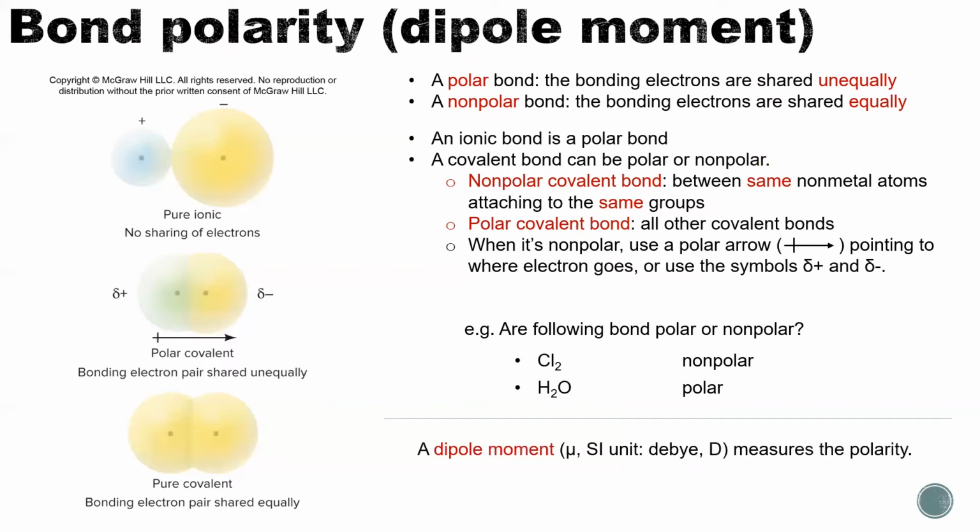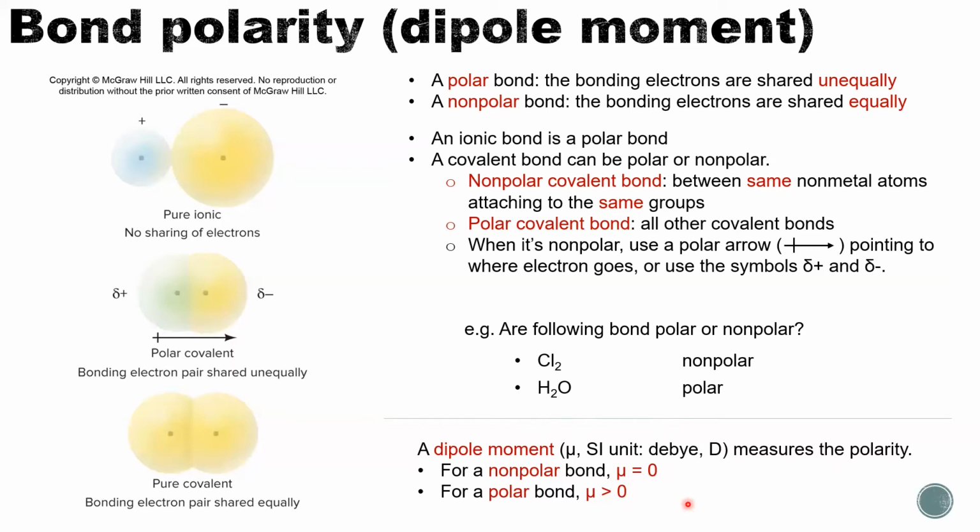The dipole moment's symbol is mu, and the SI unit is the debye, or uppercase D. The dipole moment measures the polarity. For a nonpolar bond, the dipole moment is 0, but for a polar bond, the dipole moment is larger than 0. The larger the value, the more polar the bond is.